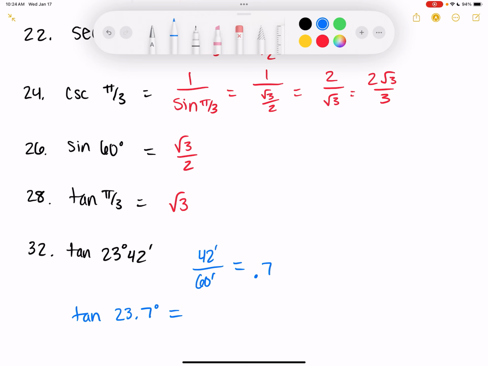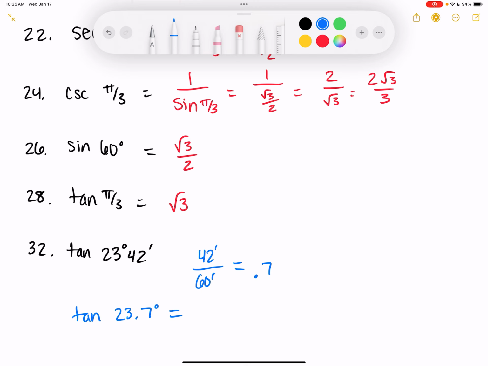Now, they caution you to be sure your calculator's in the correct mode because some of these are going to be in radians and some of these are in degrees. So this one's degrees, so make sure you're in degree mode. Do we have to have the degree symbol in the calculator? No. How much did you say to round to?